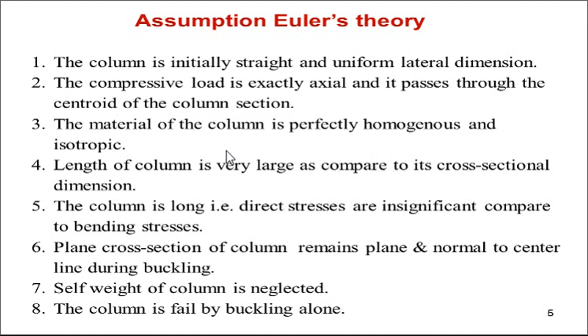Third, the material of the column is perfectly homogeneous and isotropic, meaning the same type of material is present throughout the column and all properties remain the same in different directions. Fourth, the length of the column is very large compared to its cross-sectional dimensions. That's why this theory is only used for long columns.